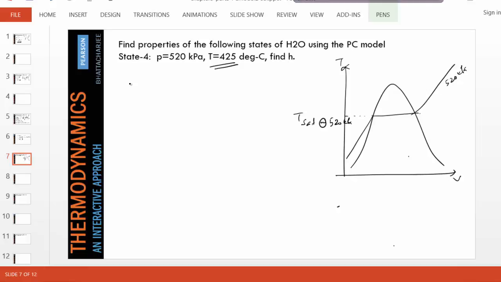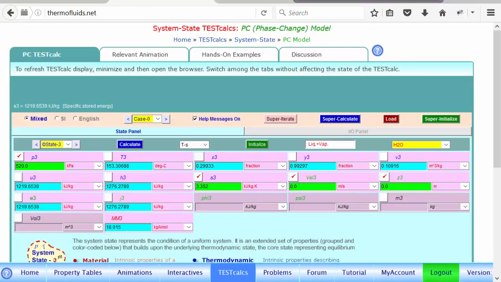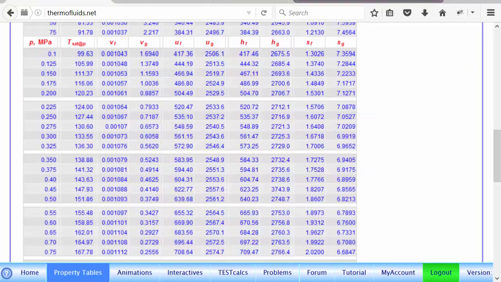Make sense? This is the boiling temperature at a given pressure. The saturation temperature at 520 kPa. Once we know that, then we can compare. Then we'll know about 425. Is it above this or below this? So to find the boiling temperature at 520 kPa, we go to the saturation pressure table. Again, 520 kPa, we can see it's between 151 and 155.